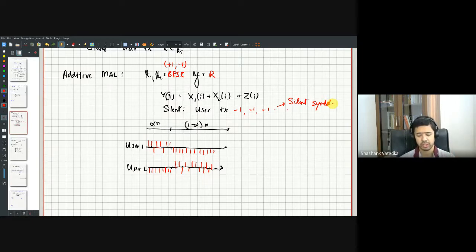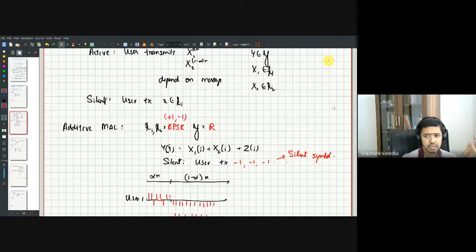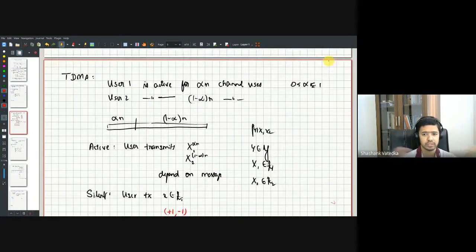Now, although I'm calling it TDMA, essentially this is the same as what you would do even in, say, frequency division multiple access. As long as you have these resources, these channel uses are something completely abstract. They need not necessarily be n time slots. They could also be a combination of time slots and frequency slots. All that we need is that the channel is operating independently on each channel use, right?